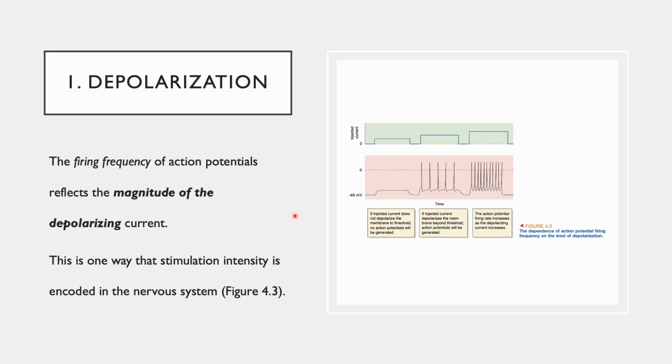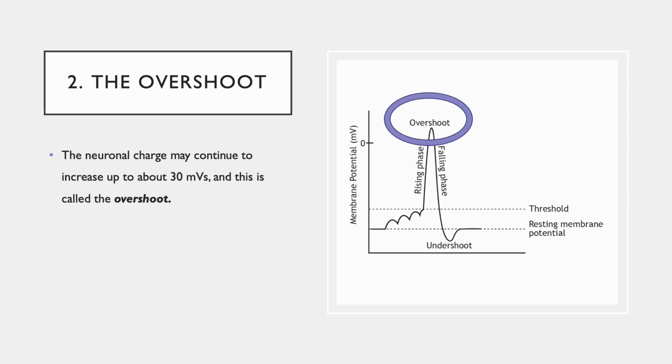During depolarization, the firing frequency of action potentials reflects the actual magnitude of the depolarizing current. So as you can see in this image, that stimulation intensity is encoded in the nervous system. And here we have the overshoot.